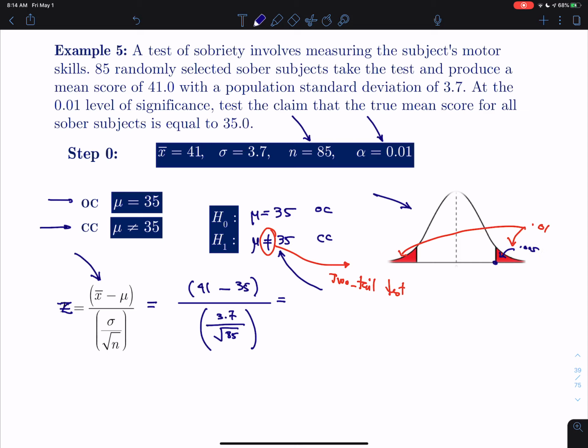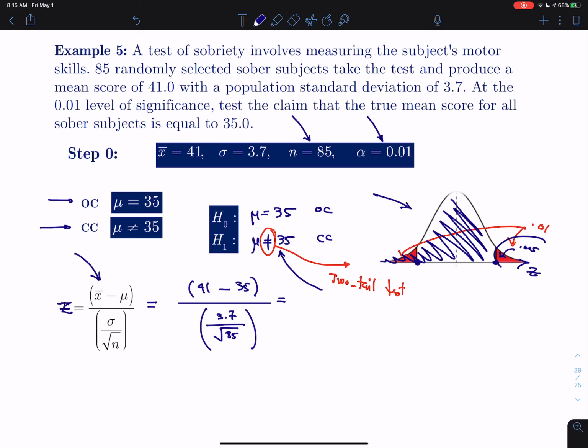And remember, you need to find these two values, and it's a z distribution because we're testing the mean and sigma is known. If I was testing the mean and sigma was not known, just like the previous chapter, we'd be dealing with the t distribution. Now, how do you calculate the z value? You have to use the norm.s.inv of the area to the left. So you need this area all the way to negative infinity.